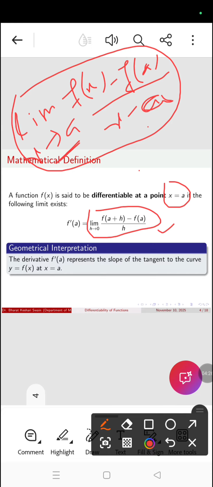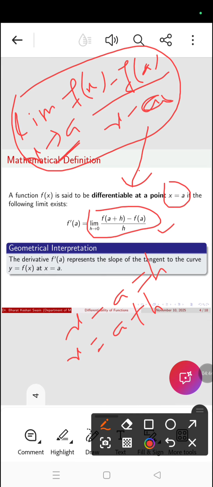And from this limit, we can reduce to the previous formula. When you put x minus a equal to h, then your x will be a plus h.